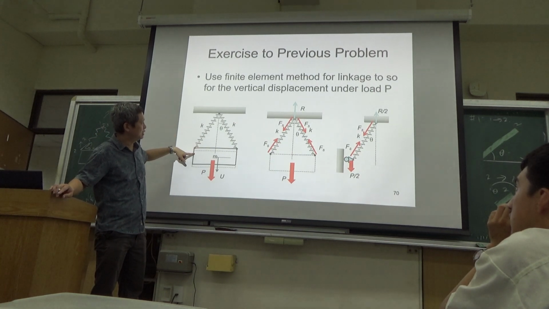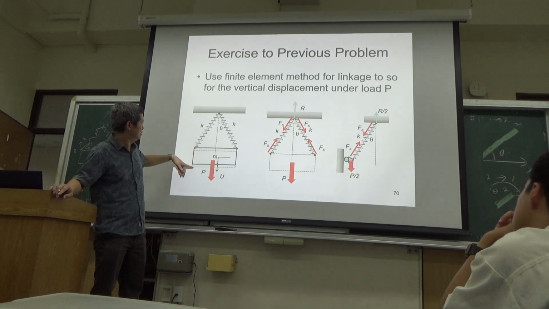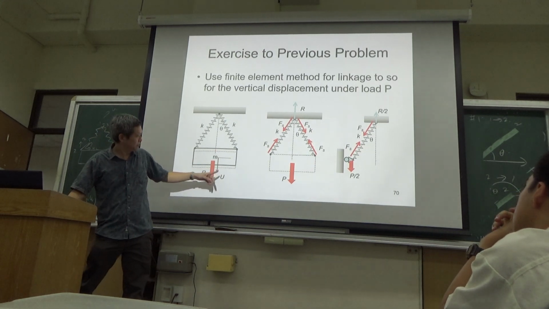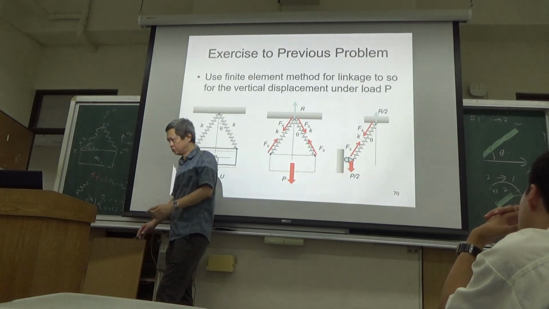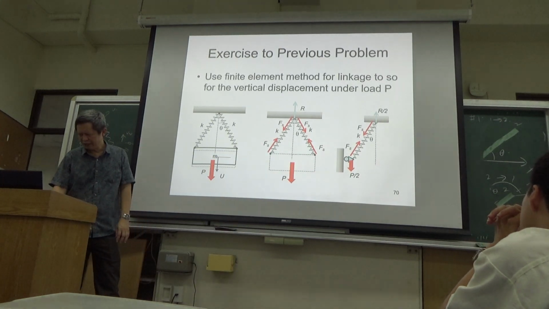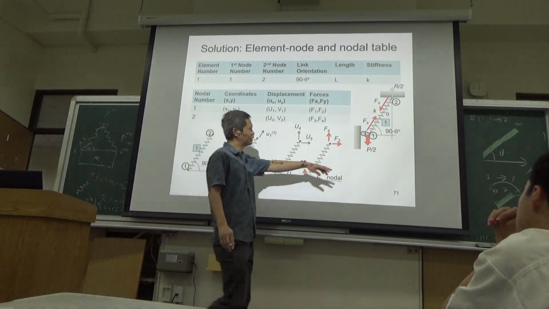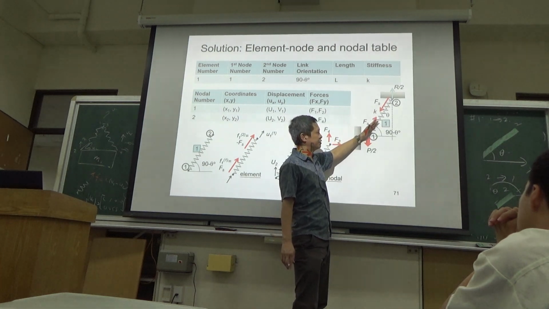Okay, so what you can see here is, for this question, what is the solution? The solution is, if we have force symmetry, then we break this force into half the force, P over 2. We handle only one spring. But in this case, you are not using theta as the inclination of the spring.